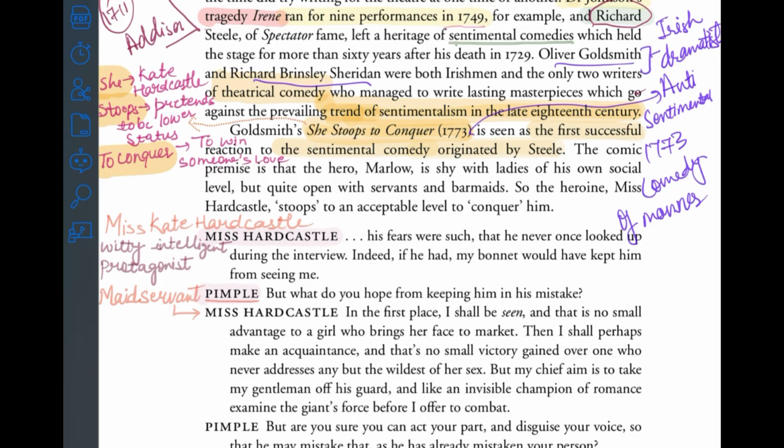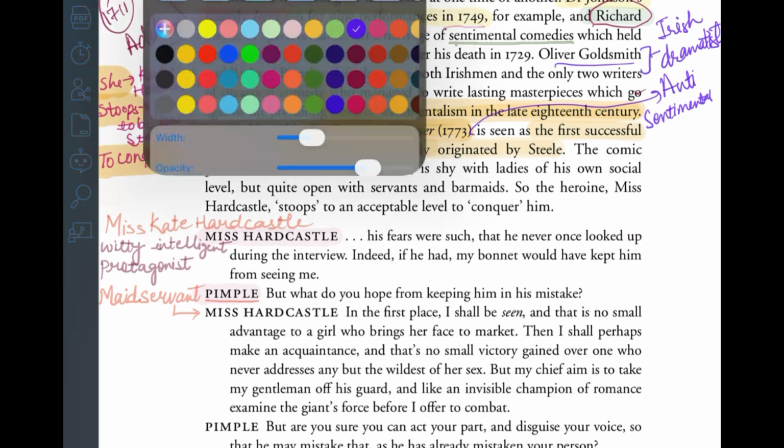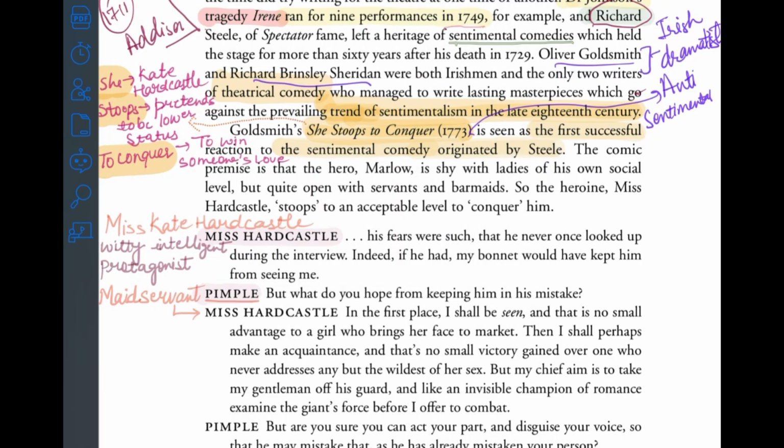And why does it become so important? Because of its humor, laughter, and comic confusion. Comic confusion, what does it mean? It means mistaken identity. You have to remember this.